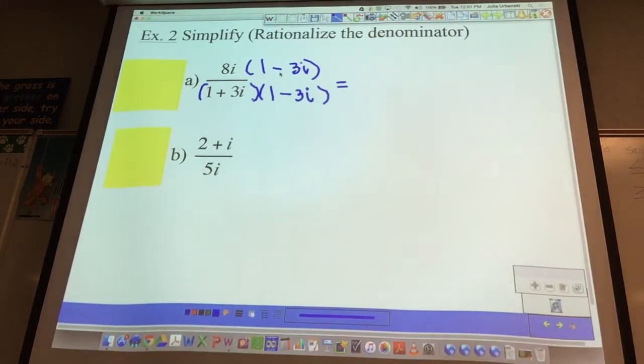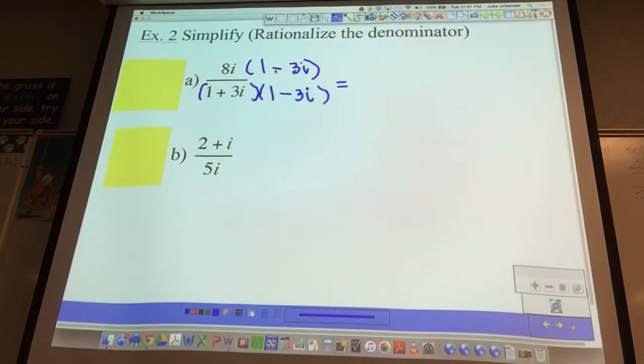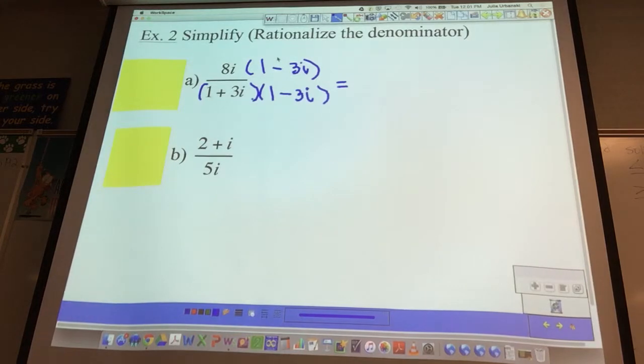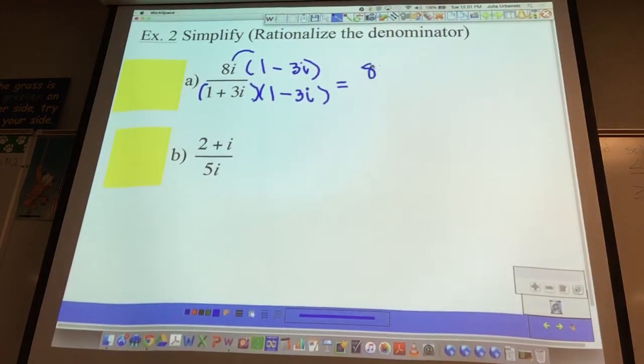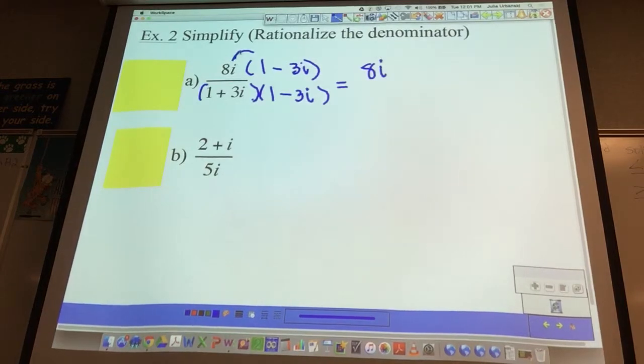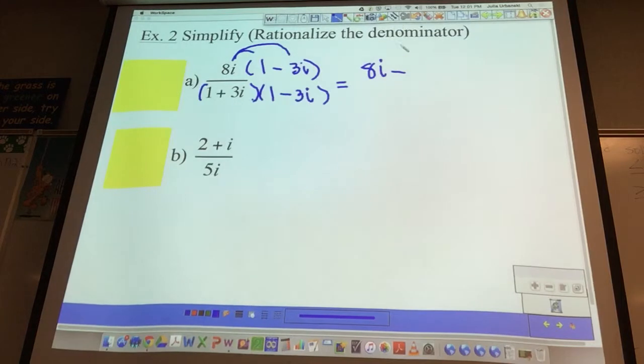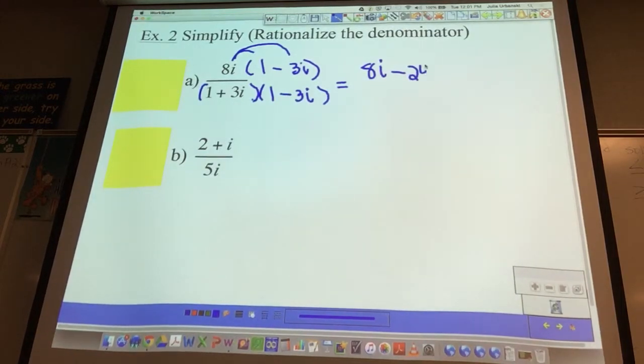When there's a plus or a minus, you're distributing. And we have 8i times 1, 8i. And then 8i times negative 3i makes positive, negative 24i squared.